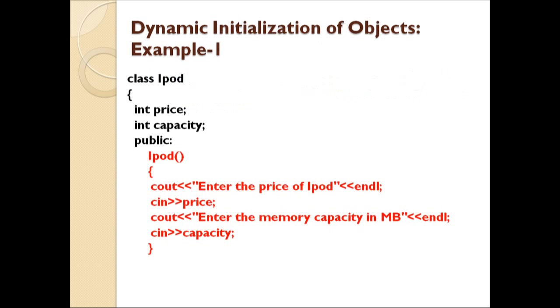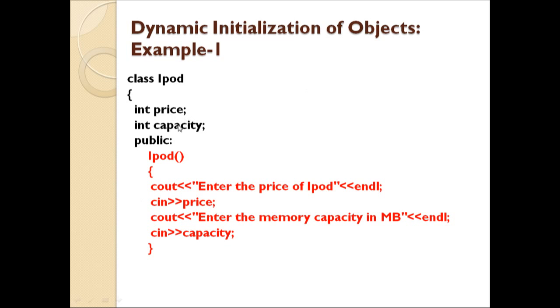Here I have given one program, and during the explanation of the program, I will cover the concept of dynamic initialization of object in detail. Here you can see there is a class given. The name of the class is iPod, and in this class, I have listed two data members.